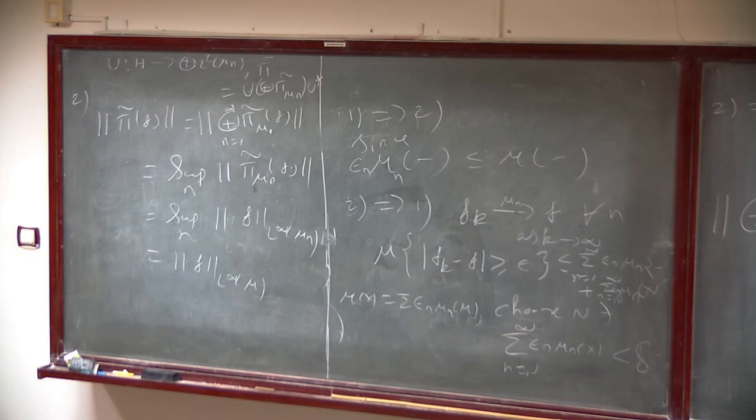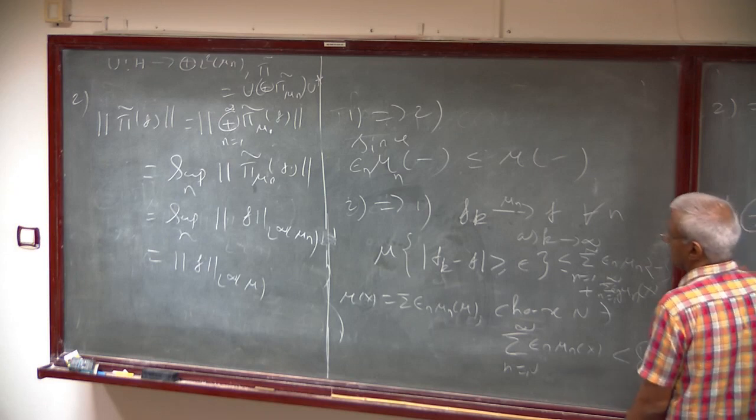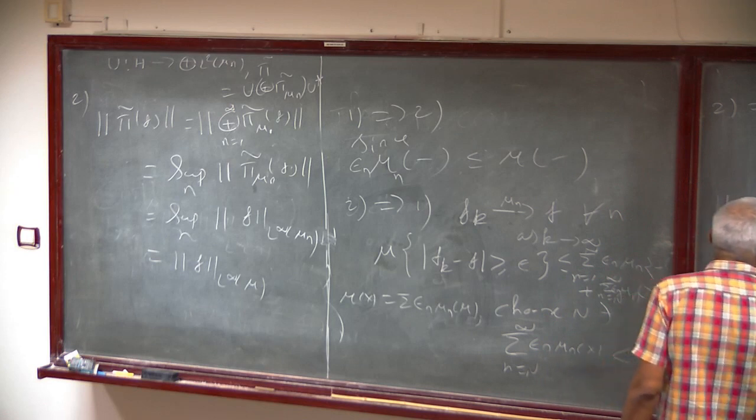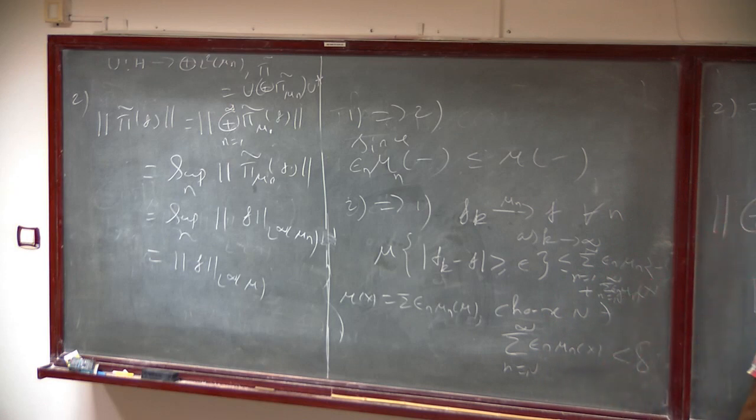So this direct sum element is well defined, and the norm of that is exactly this. You have defined it for all k.